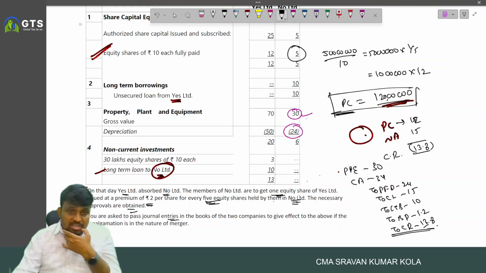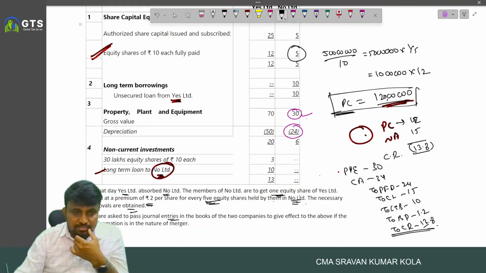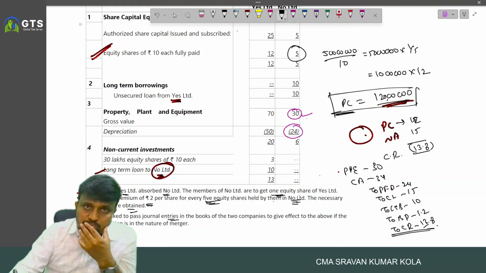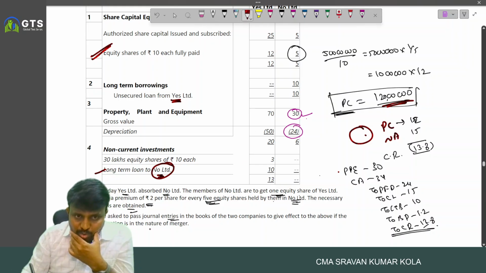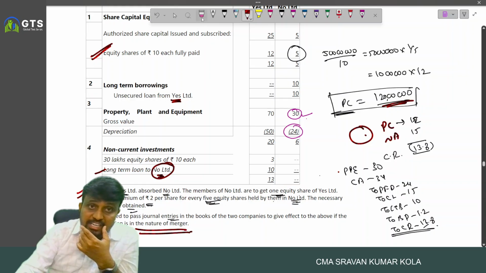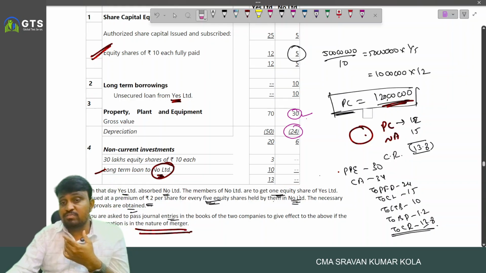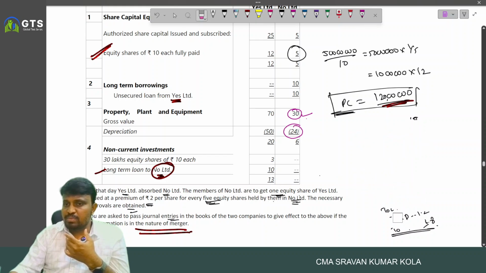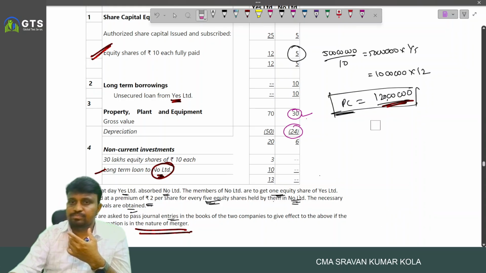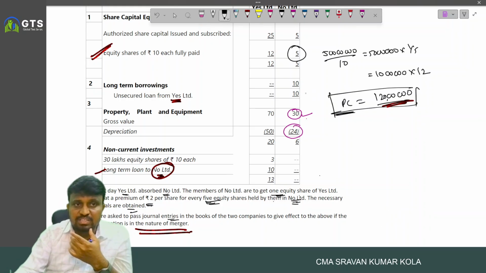Okay. So because the method is not mentioned. Oh, sorry. Here it was mentioned as amalgamation in the nature of merger. In case of amalgamation in the nature of merger, we have to compare what? PC with share capital.